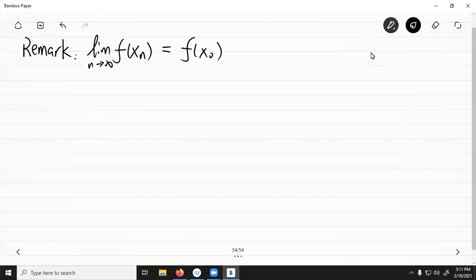This is also the symbol to denote that this function is continuous, if xn approaches x naught. Now this function f is continuous, so you have this one.